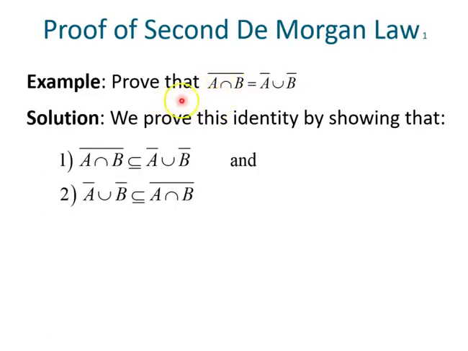In this example, we prove this De Morgan law, and we'll use the first approach. We'll prove that the set on the left side is a subset of the set on the right side in 1, and then in 2 we'll prove that the second set is a subset of the first set.